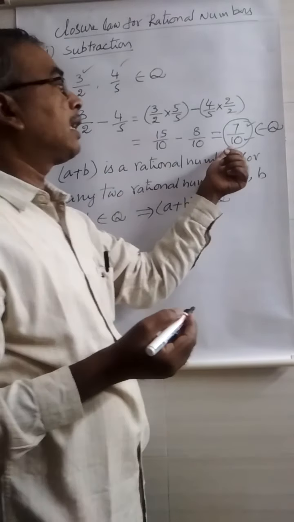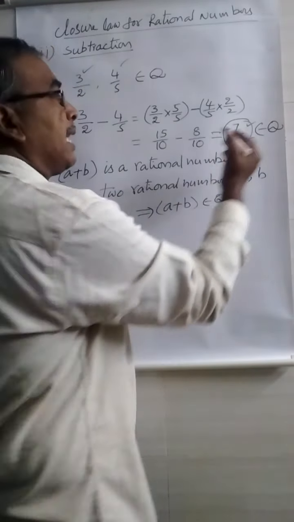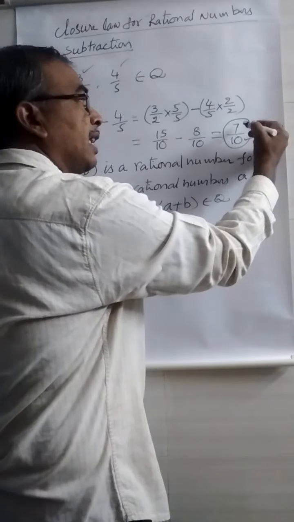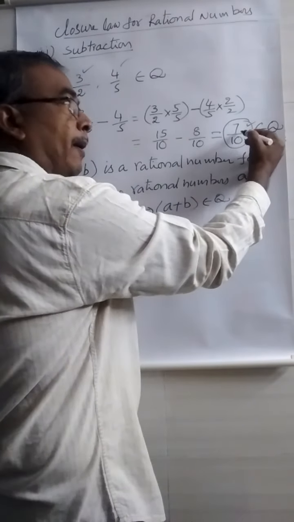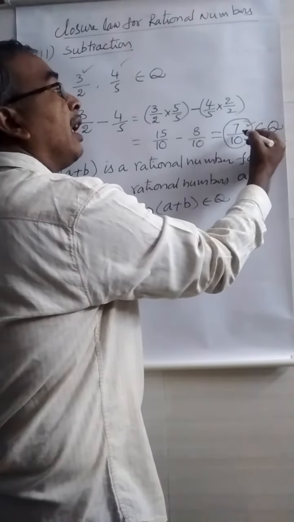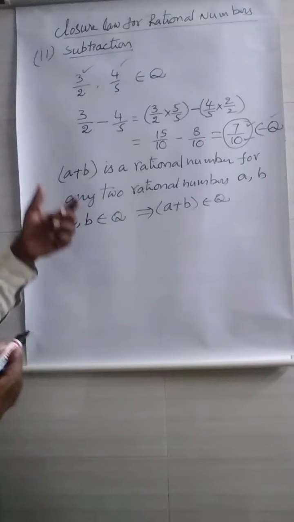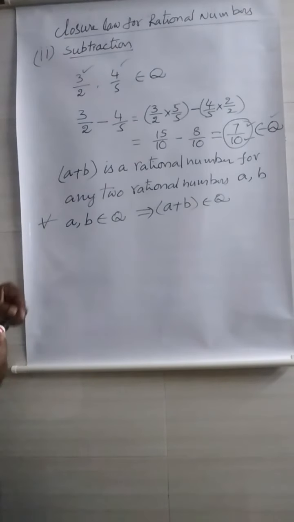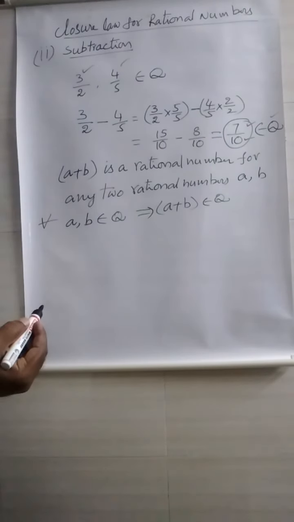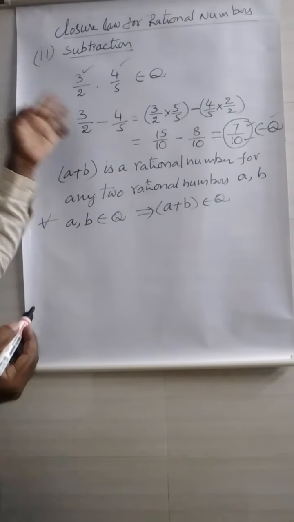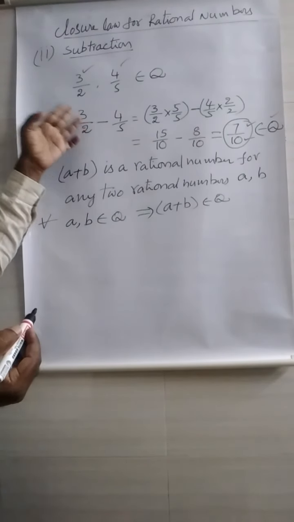Finally what we get? 7/10. That means 7 is an integer and the denominator 10 is also an integer. That means it is in the form of p/q, so 7/10 is a rational number. That means under subtraction the rational numbers are closed.